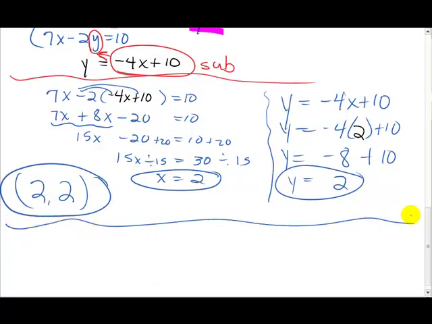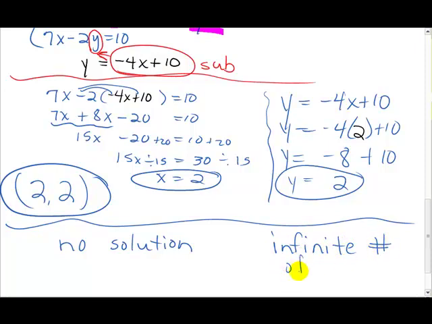Remember from our earlier lesson about if you will have no solution, or an infinite number of solutions.